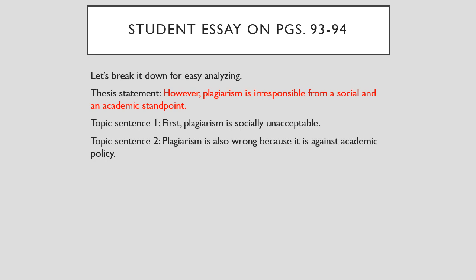So plagiarism is irresponsible from an academic standpoint, right? So in the second body paragraph, we can expect that the writer is going to talk about why plagiarism is also wrong academically, okay? It goes against academic policy. So I'm sure the writer is going to tell us some information about typical academic policies. All right.